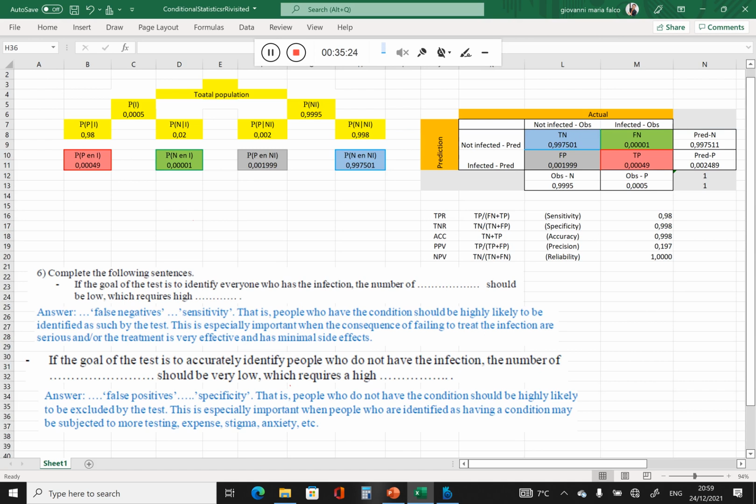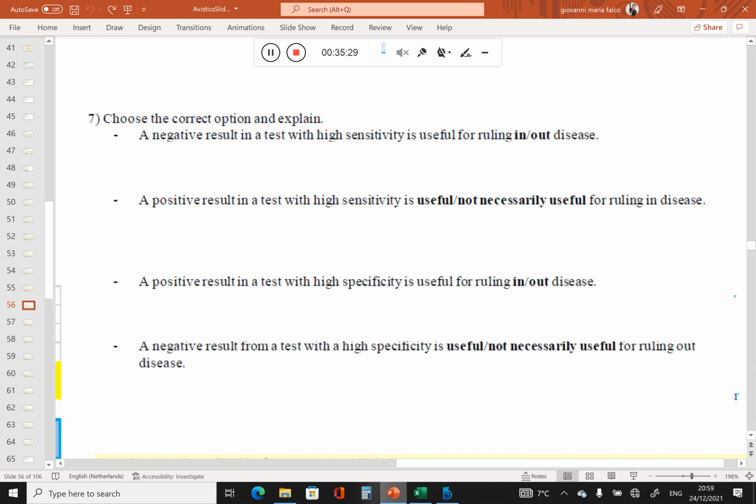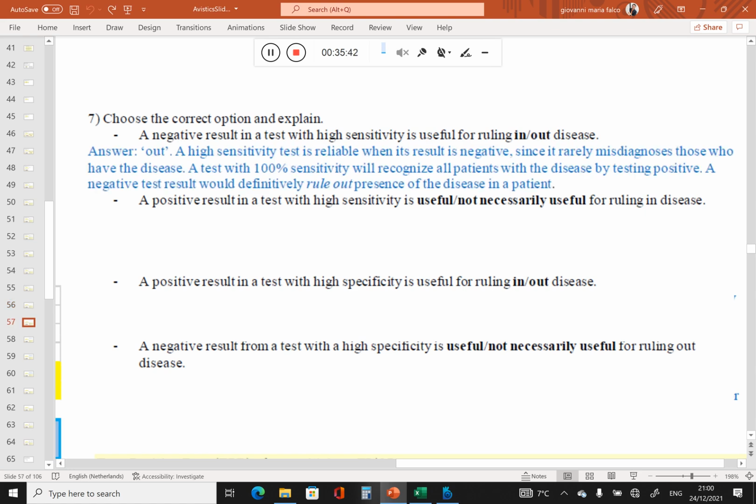So there is a very small probability of a false negative. So if you get a negative result, I would say that if the test has a high sensitivity, then the test will be useful for ruling out the disease. And this is actually indeed the good answer.